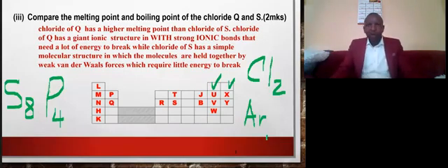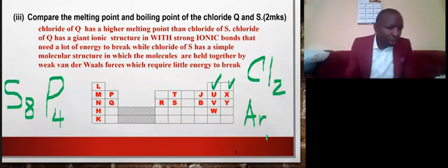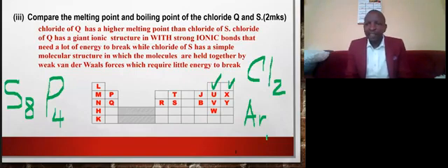Then number 3, comparison. We are going to compare the following: giant atomic, giant ionic, giant metallic, giant covalent, versus simple molecular structure. So we are going to compare those kinds of things.